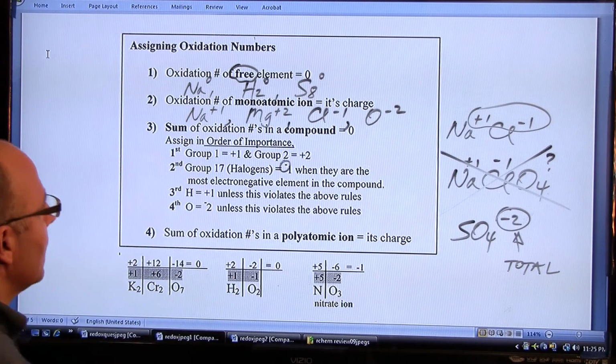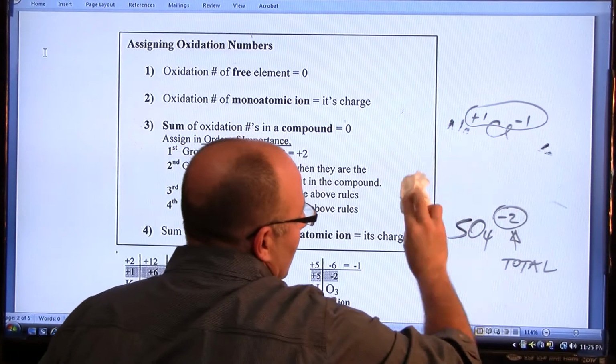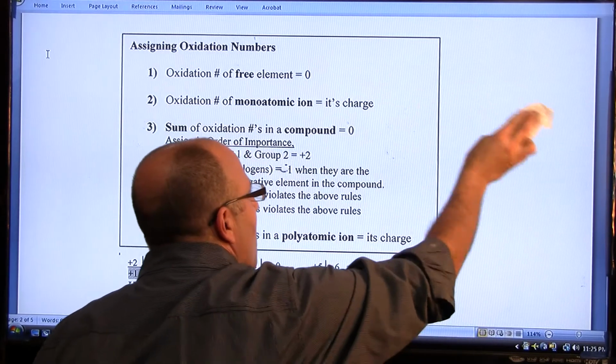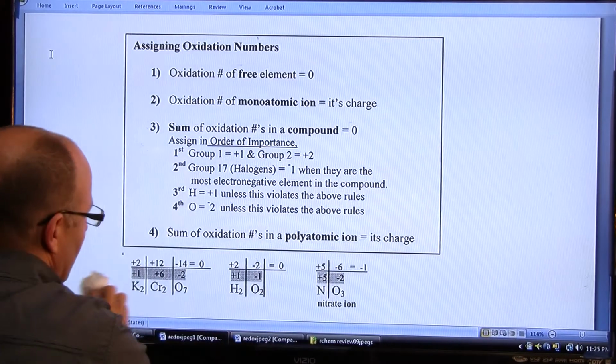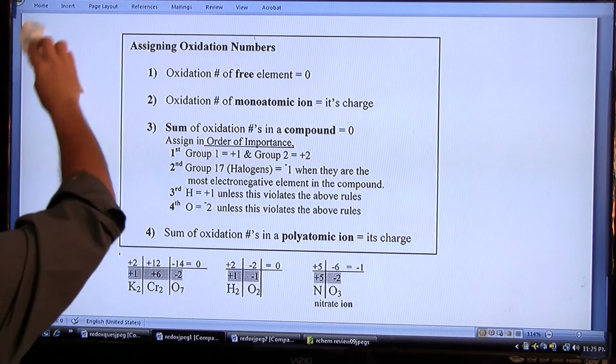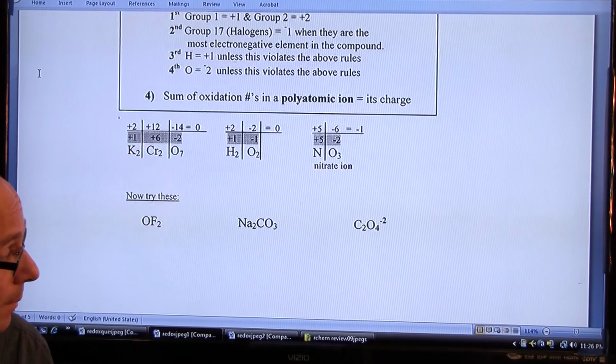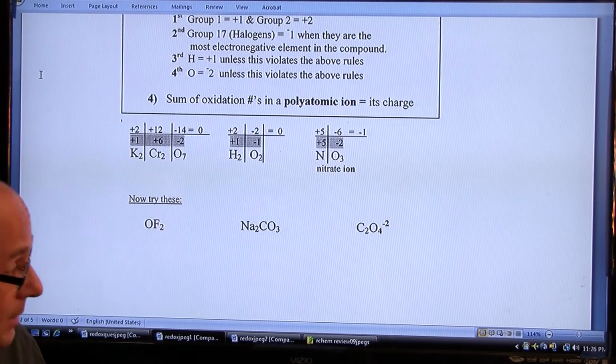back to NaClO4. Let me erase here and make some room. I have some of them worked out here at the bottom. But we should go back to the NaClO4 first.